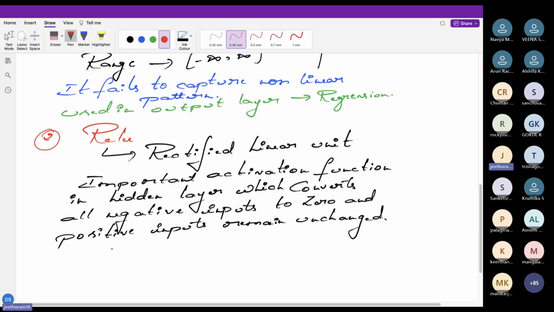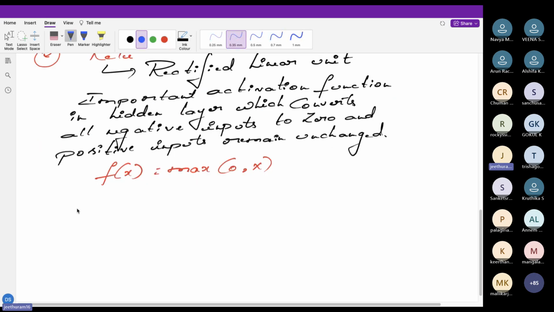It has a formula something like this: it is just the maximum of 0 and x. For example, let's say your input is x equals 4. Can you tell me what is the maximum of 0, 4? And if x is minus 7, what is the maximum of 0, minus 7?